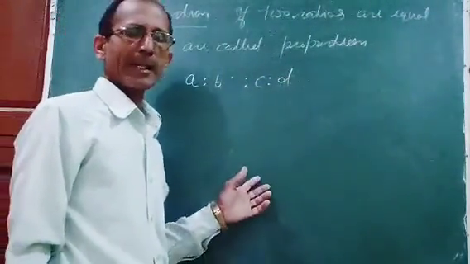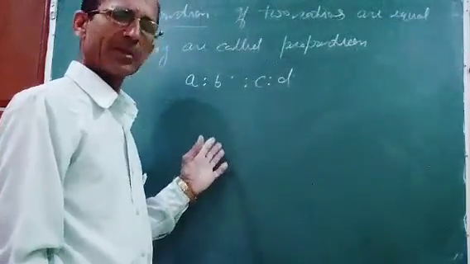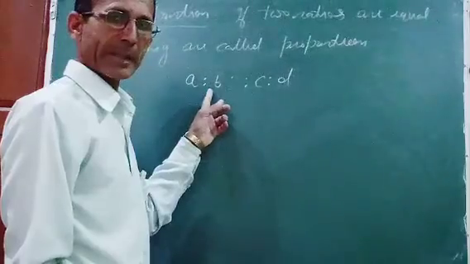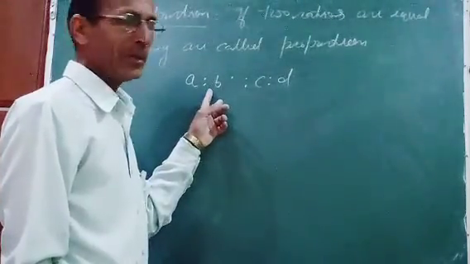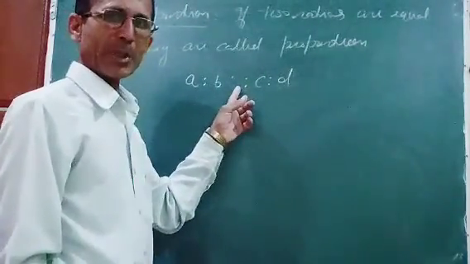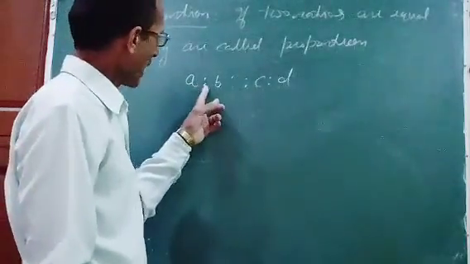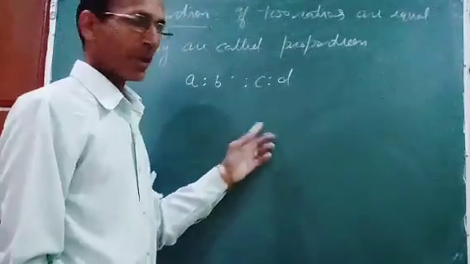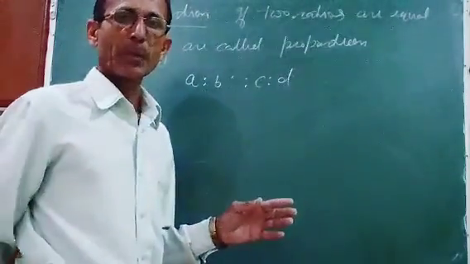In class 6, I think you have done this chapter. So two dots stand for 'is to', and four dots mean proportion, standing for 'as'. So A is to B as C is to D. We can write it as a proportion.